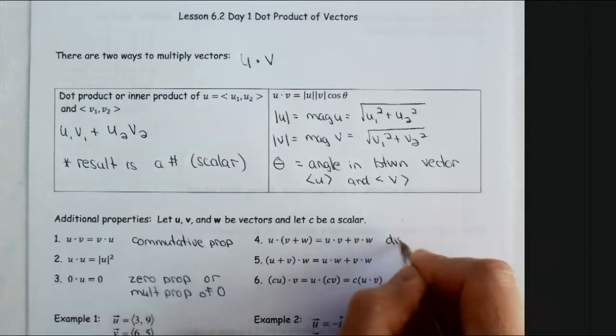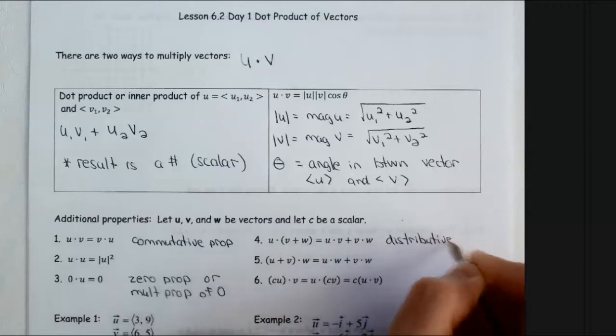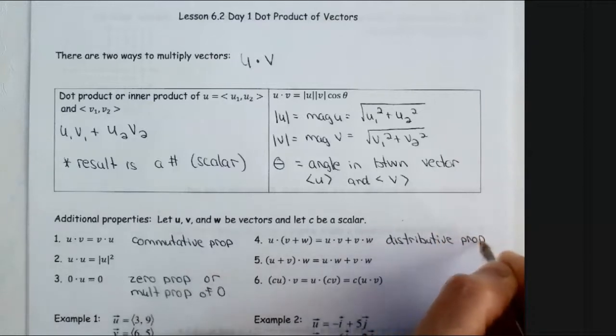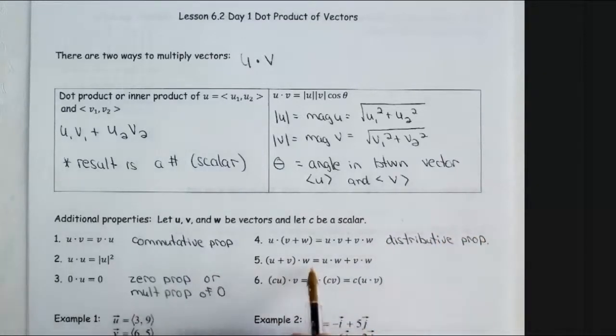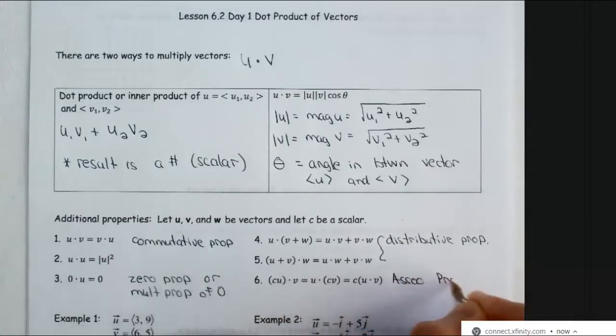That looks similar to the distributive property. And this one's the same way, only you're distributing in this case on the right side instead of on the left side. So both of those are the distributive property. If you take a look at this last one, this one looks similar to the associative property of multiplication. So all of those are also true for vectors as well.